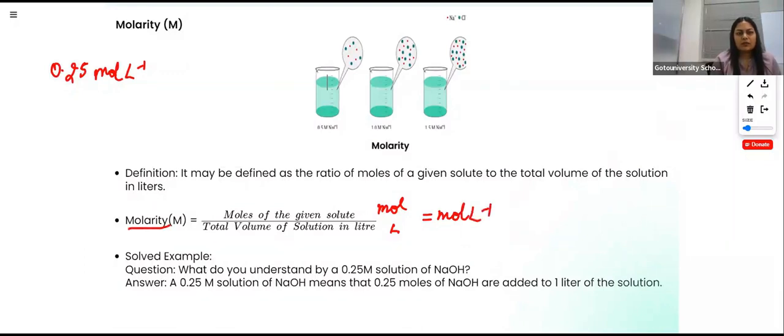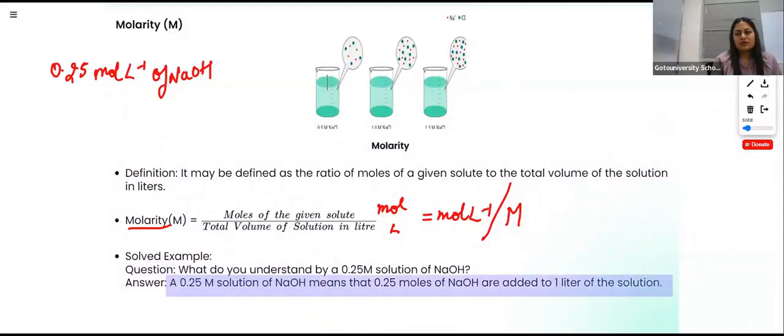So if I say 0.25 mole per liter of NaOH is present in the solution, we can also write it as M, capital M, right?